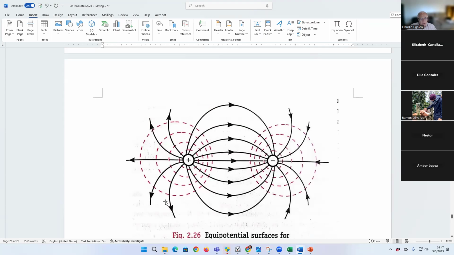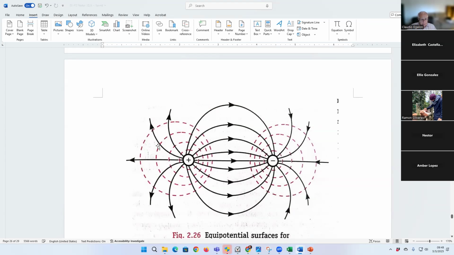Do you see that? This electric field right in here is normal to the surface. So is this electric field right in here and this one right in here. The electric field is tangent to this electric field line. So at every point where the electric field crosses an equipotential surface, the electric field itself is going to be normal to this surface.